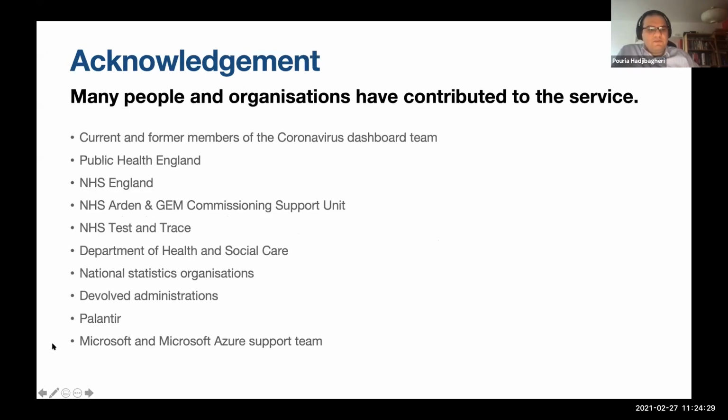And finally, a whole lot of people collaborated and helped us in this service, and it wouldn't have been possible without their help, particularly colleagues, PhD students, and current and former members of the team, the analysts whose names are rarely mentioned in different places.